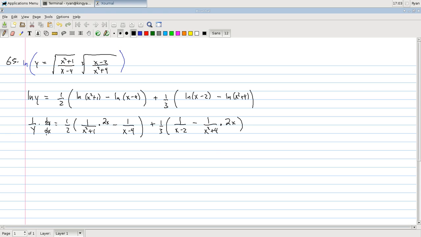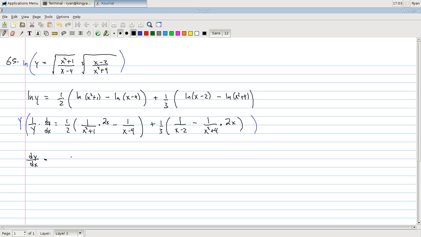And now here, I want to get dy/dx by itself. What's in the way is this 1 over y. So what we'll do now is multiply both sides of the equation by y. That way over on the left-hand side, the y's cancel, and we're left with just dy/dx.